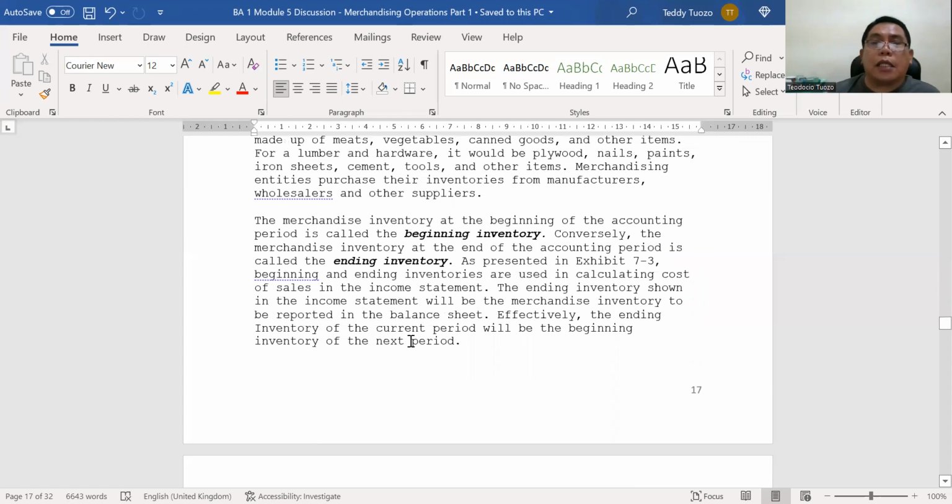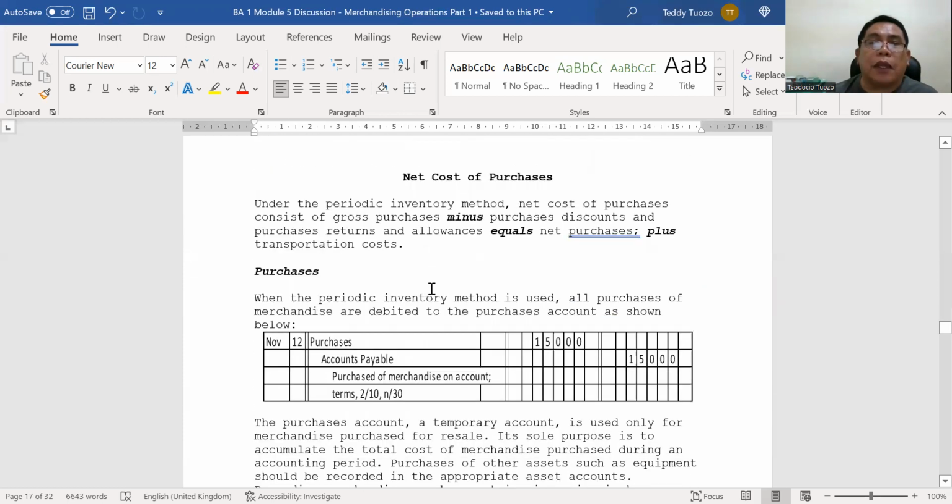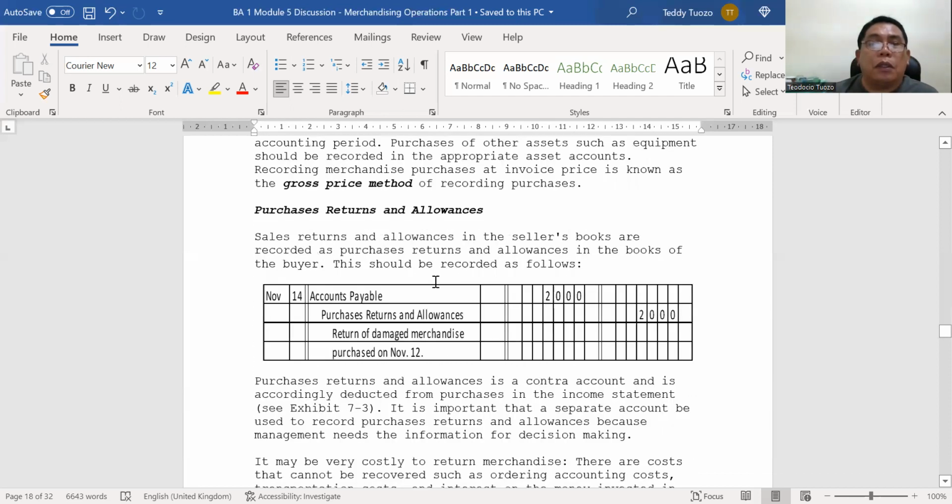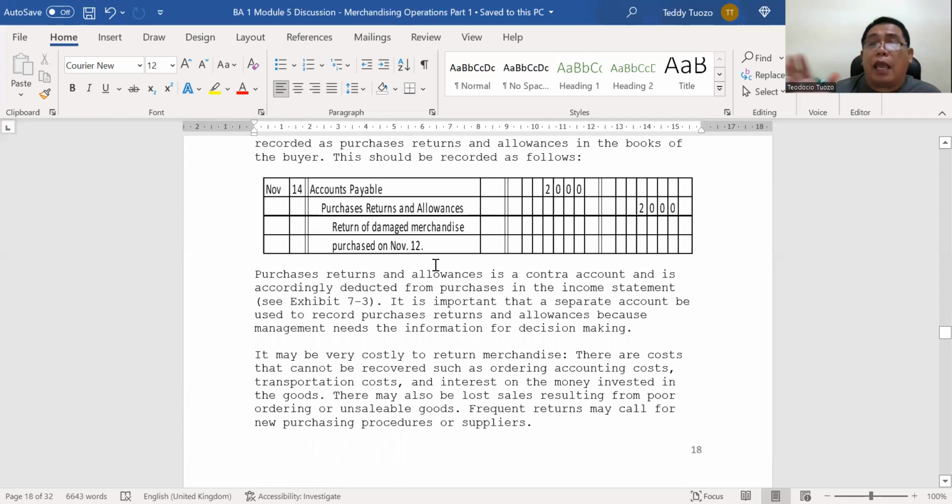So I have already discussed merchandise inventory beginning and merchandise inventory end. The cost of purchases was already illustrated above. I will be having a comparison later on of how, at the point of view of the buyer, the transaction of a sale at the point of view of the seller, and the accounts to be used at the point of view of the buyer.